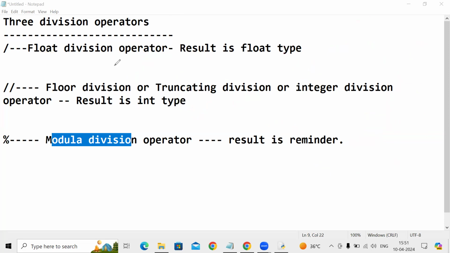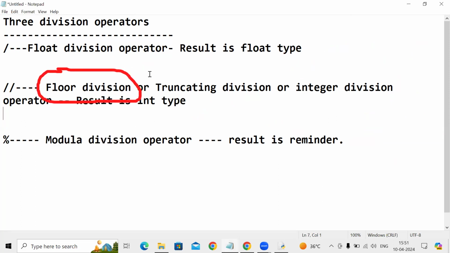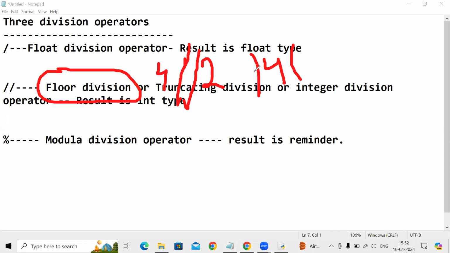Now I will explain what floor division is. I will take the same example. Now I am dividing 4 floor division by 2. If I divide 4 by 2, the remainder is 0.